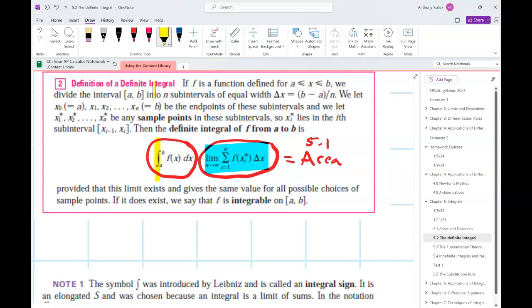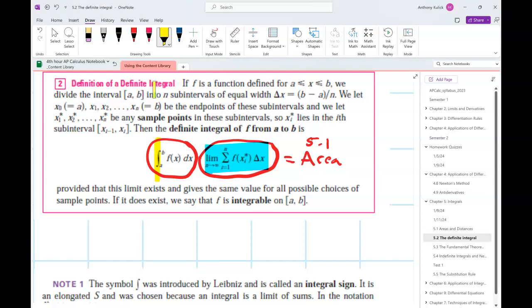So this symbol here kind of looks like a stretched out letter S. Everybody kind of see that? Why do you suppose we choose the letter S? S for sum, because really what an integral is, it's the sum of an infinite number of rectangles. That symbol is called the integral sign, just like d dx is your derivative sign.